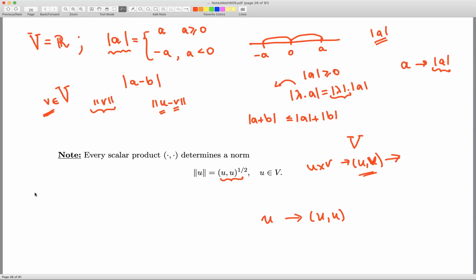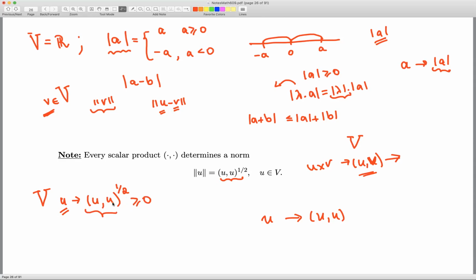So once again, if we have a vector space V, and an inner product defined on V, and to every element U we assign the inner product of U with itself and take the square root of that number, then we have a mapping that assigns to every element U of V a non-negative number.